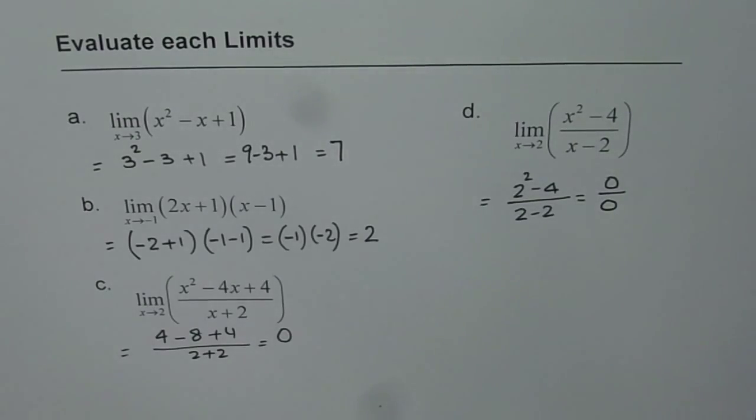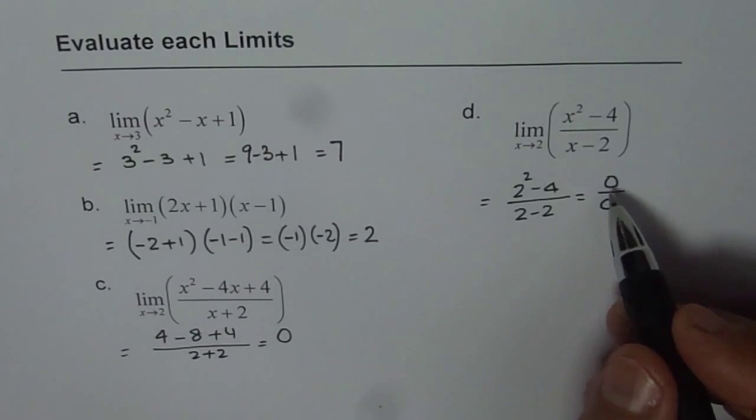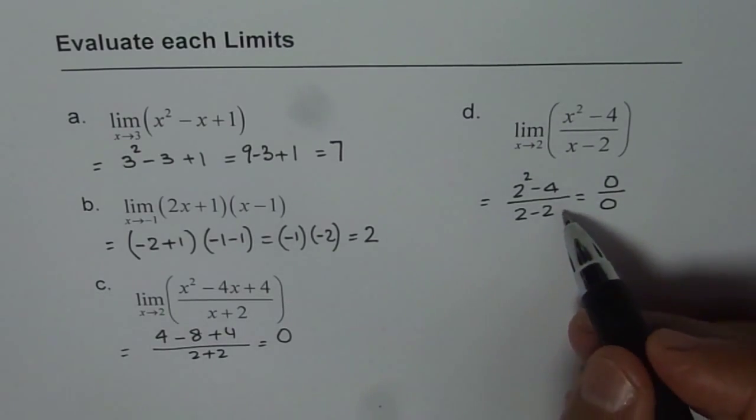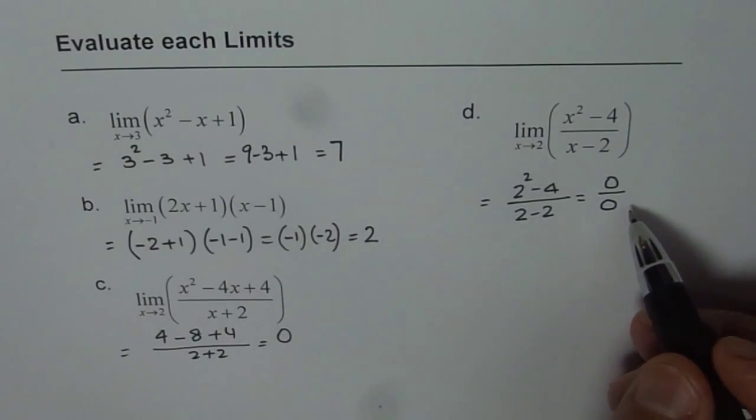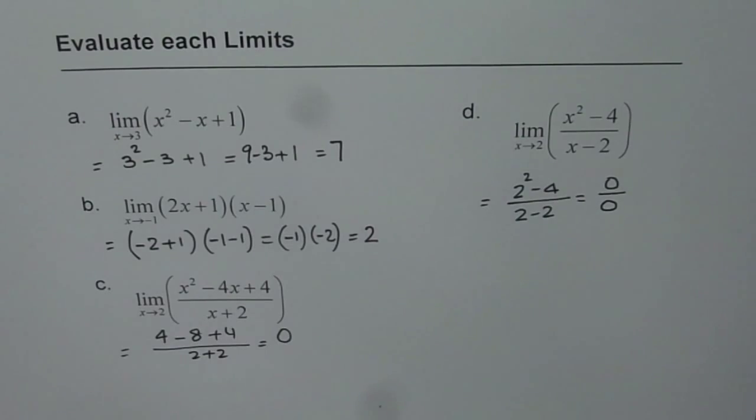Now 0 over 0 is indeterminate, and it also indicates that there is a common factor in both the numerator and denominator. Well, you should not jump to the conclusion that the limit does not exist. In such a case, we need to factor, simplify, and then find the limit, right?